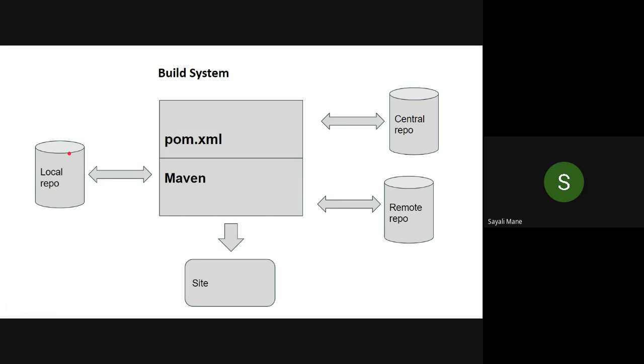If your dependency is not there in the local repository, then you will go to the central repository and search. If it is there, then you will download it through the internet. If it is not there, then you will go to the remote repository, and in the remote repository you will get the respective dependencies. So this is the use of repository.